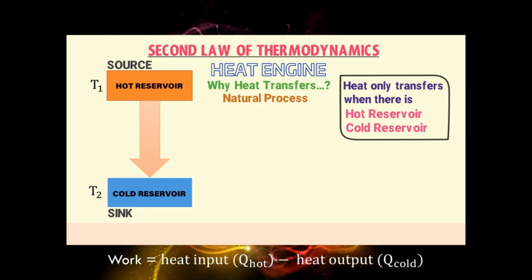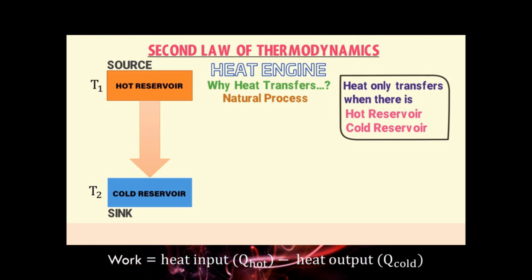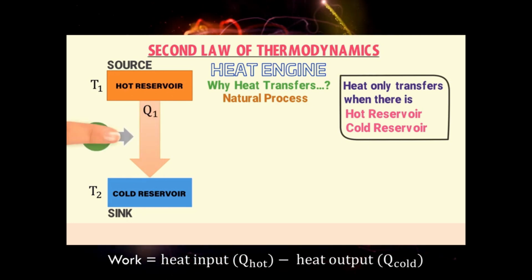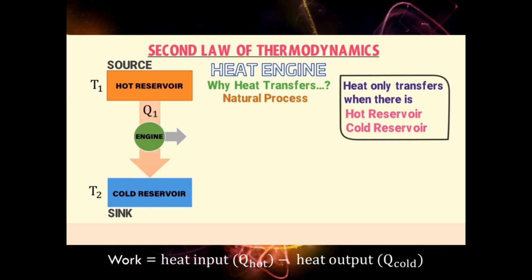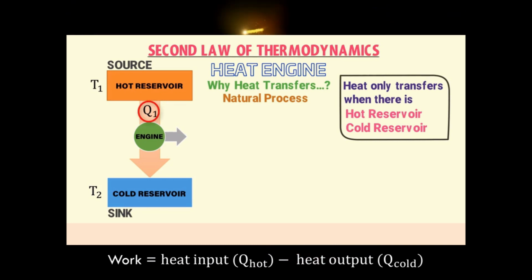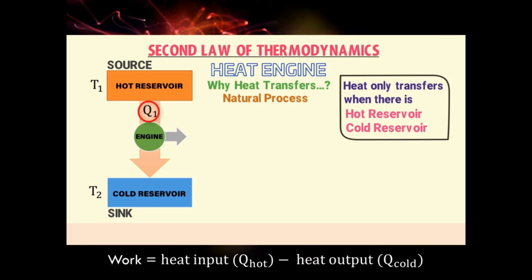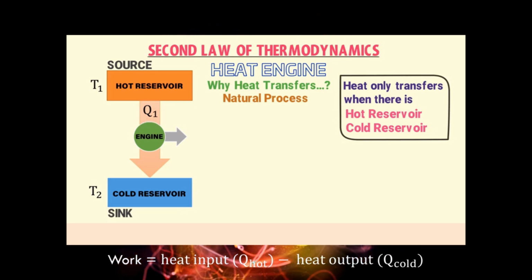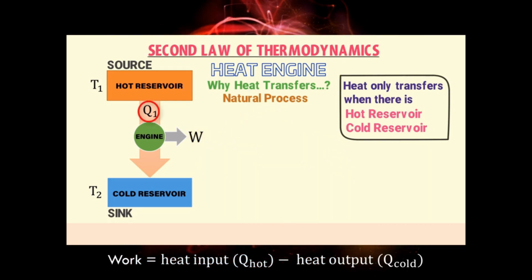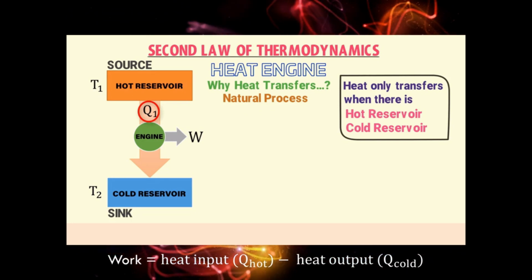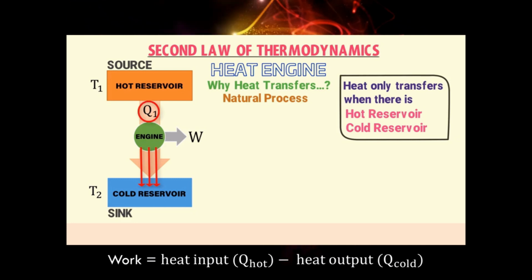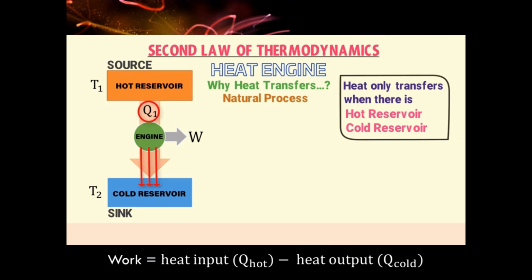Now let's consider that hot reservoir or source loses heat Q1 or Q hot. We then construct an engine between this hot reservoir and cold reservoir. Now this heat Q1 enters the engine. The engine will convert a part of this heat Q1 into useful work, and the engine will reject or expel a part of heat Q1 to the sink or cold reservoir.